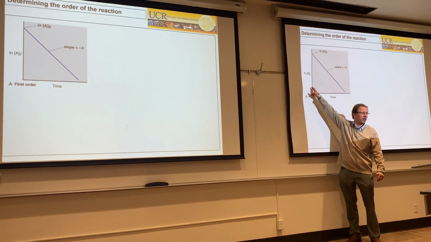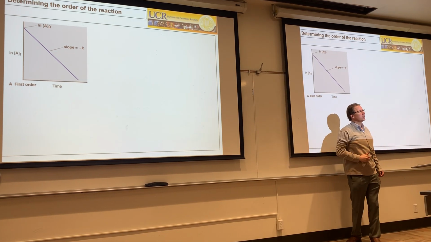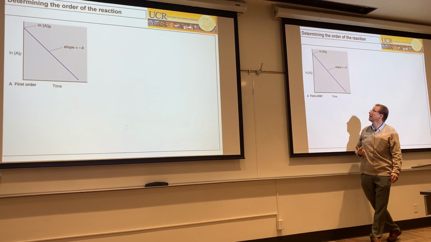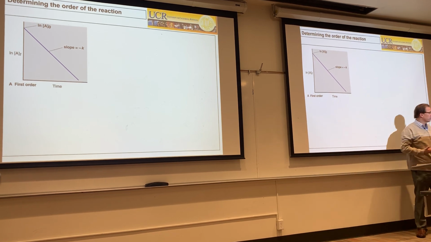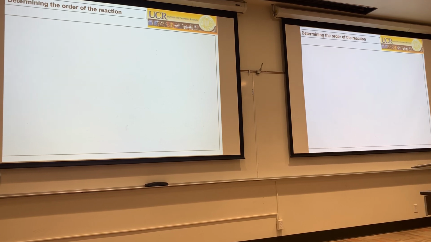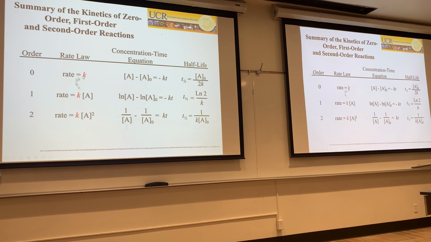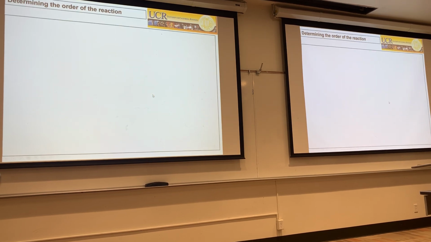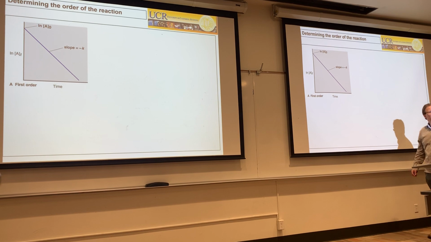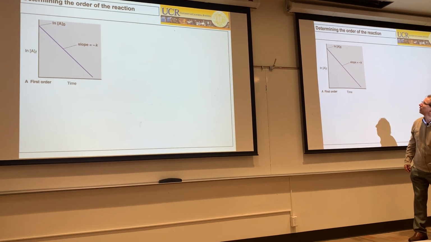So you just check the logarithmic button for this axis, and then you will get ln A. And if it was a first order reaction, with this exponential function, or this logarithmic function over here, then you'll find that you get a straight line where the slope is minus the rate constant.